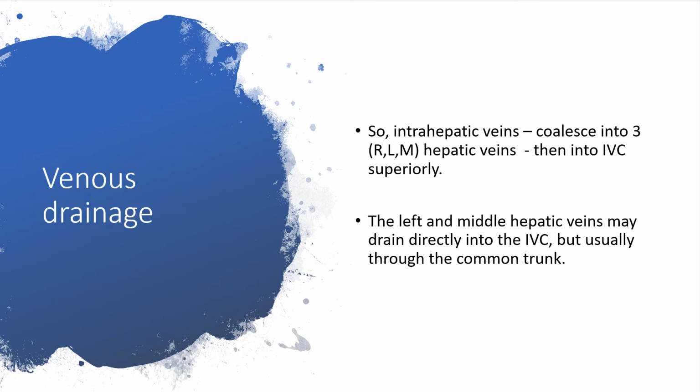So, intrahepatic veins coalesce into 3, that is right, left, and middle hepatic veins, then into the inferior vena cava. The left and middle hepatic veins may drain directly into the inferior vena cava, but usually through a common trunk.